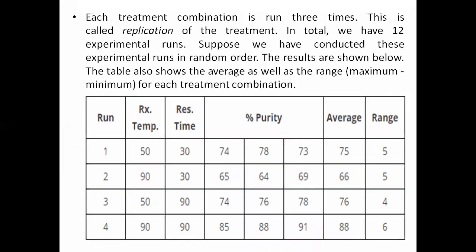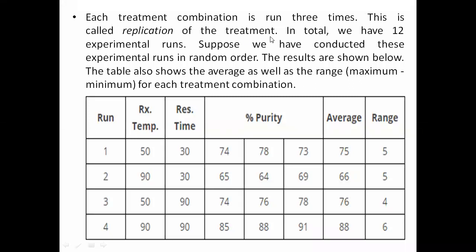Next slide. Each treatment combination is run three times. How many times? Three times. For example, with 1 tablespoon of coriander powder, 1 tablespoon of salt, 1 tablespoonful of chili powder, if you prepare biryani three times, like that, this is called replication of the treatment.